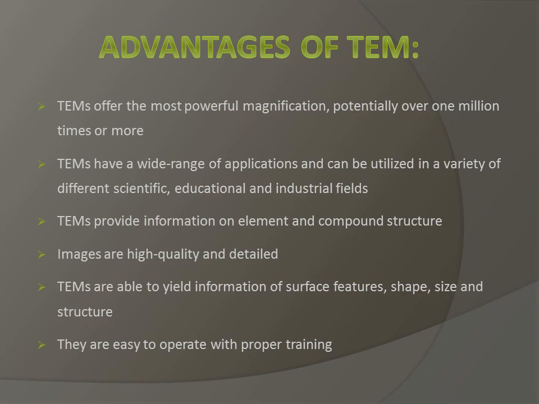These are the advantages of the transmission electron microscope. The magnification is more powerful compared to all types of conventional microscopic techniques, over 1 million times or more. The applications have a wide range. As you know, TEM is a very important tool in analyzing materials, with different applications for scientific, educational and industrial purposes. It provides information about elements and the structure of the sample, and the detailed structure of crystalline material can be analyzed using this TEM technique.